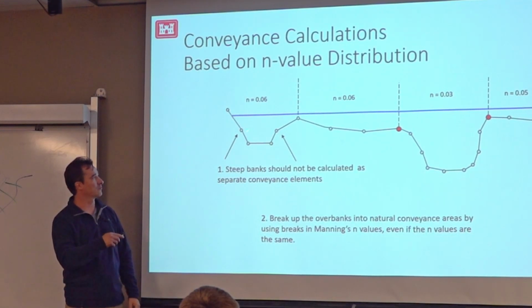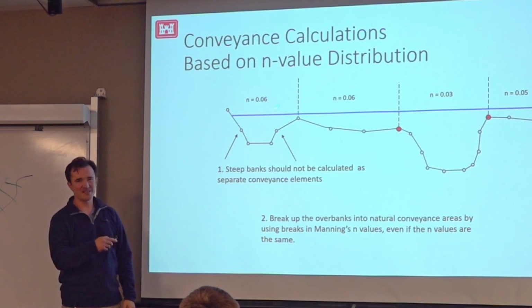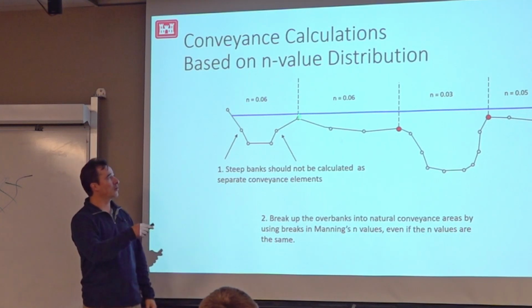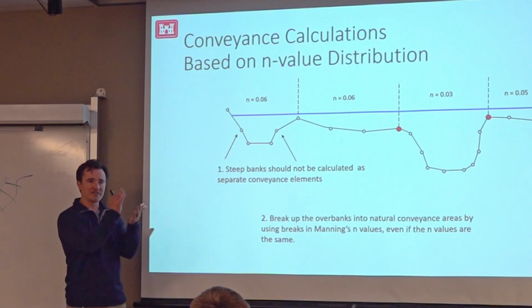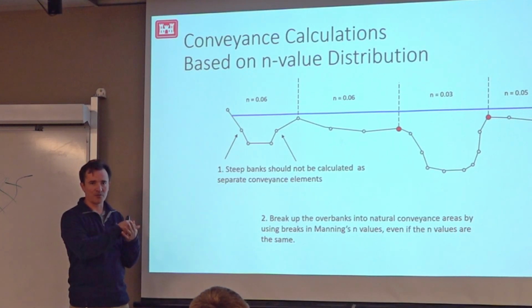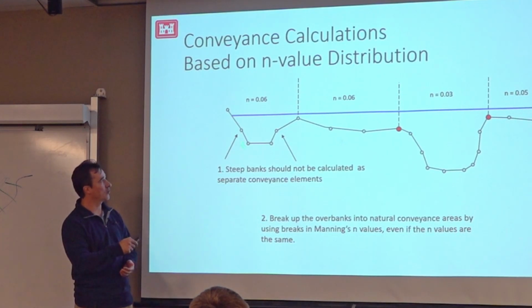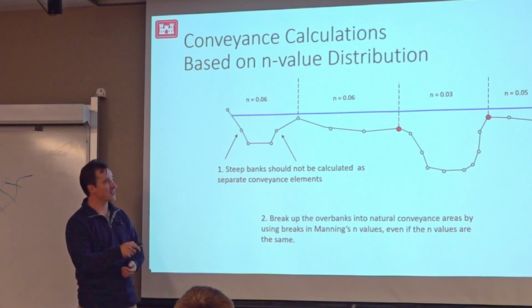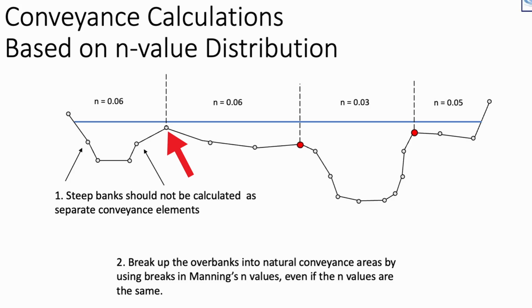You're going to have a higher velocity here than you are here. So even though your roughness is the same for those, you still want to put another Manning's n value to divide that part of your cross-section, so that you can have one conveyance here and a separate conveyance there. Let the terrain of your cross-sections guide you in determining where to break up your cross-section into conveyance components.